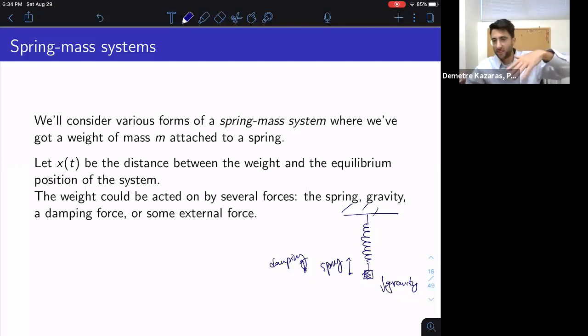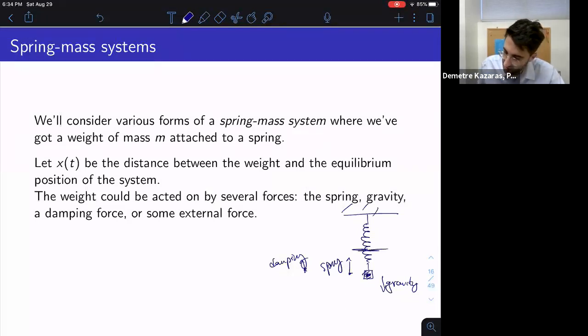If you go too fast, then that will act like a force slowing you down. And then there could be some external force acting on the whole shebang. Like maybe this is all taking place in a box on a train, and the train is moving up and down, and that's acting on you as well.